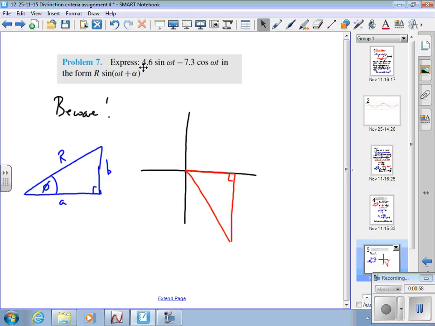So now I can put on what A and B are, 4.6 and 7.3. This is my phi. And now I can work out the problem. I can work out R and phi. Is this going to have a consequence on phi?